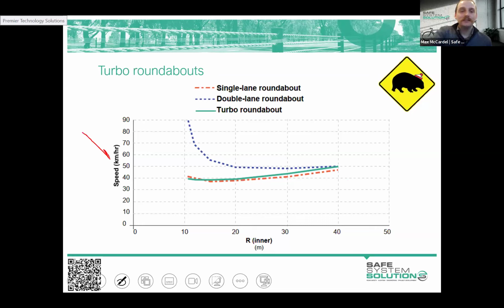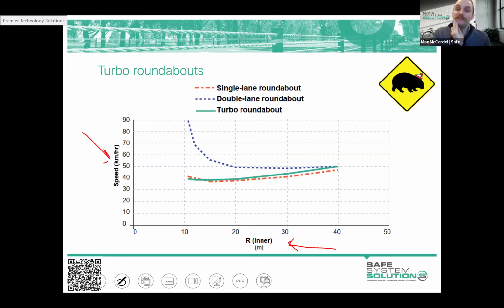So speed on the y-axis here, speed is actually quite a good proxy for the level of risk. The higher the speed that you've got, the higher the level of risk. And along the x-axis, we've got the radius of the roundabout that you're designing.